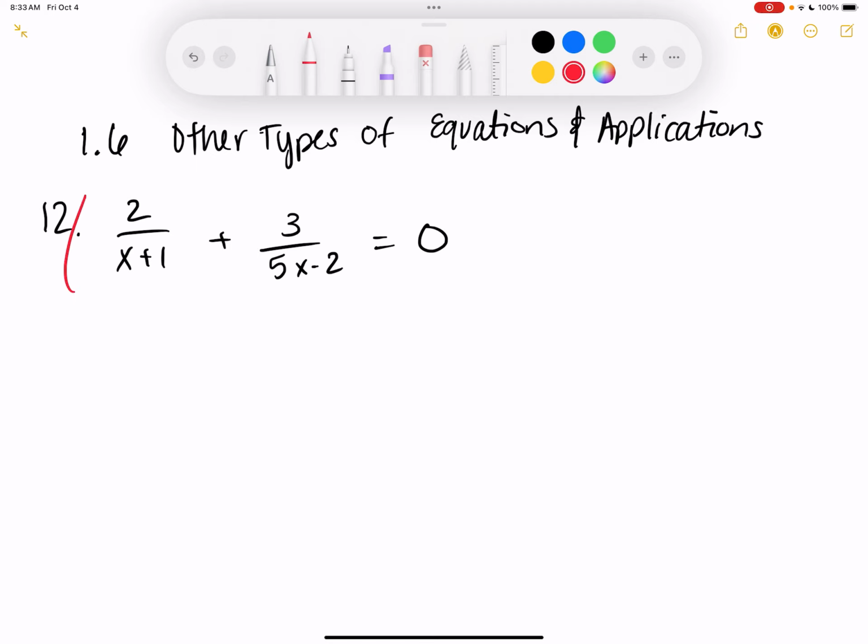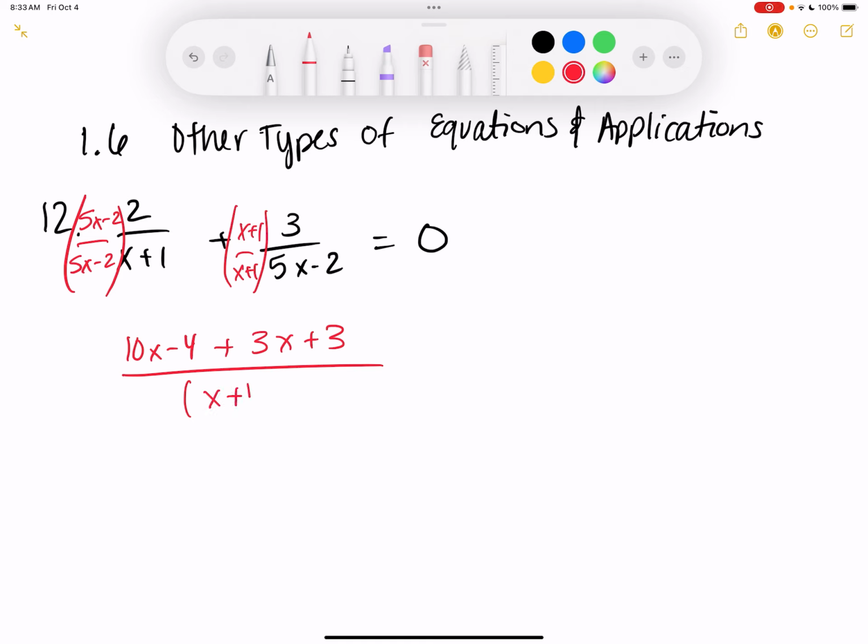I need to multiply the first fraction by 5x minus 2 top and bottom, and this one over here by x plus 1 top and bottom, so that I get a common denominator. So on top I would have 10x minus 4, and then plus 3x plus 3, all over x plus 1 times 5x minus 2.